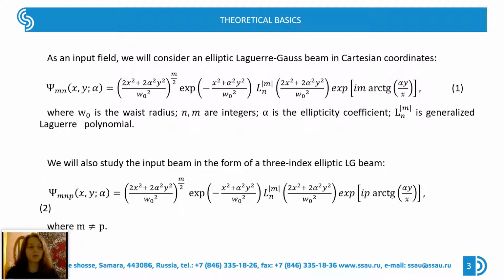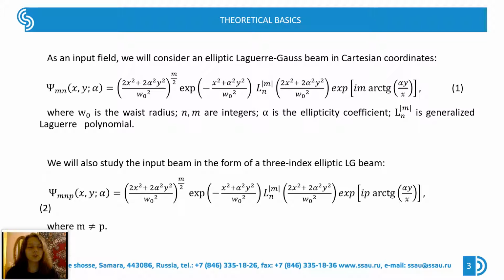Such beams with varying degrees of ellipticity can be used to produce laser elliptic beams with uniform intensity over the beam cross-section. The LG modes can be described by 2 indices, the radial index n and the azimuthal index m, which is also associated with the vortex phase structure and included in the phase multiplier.